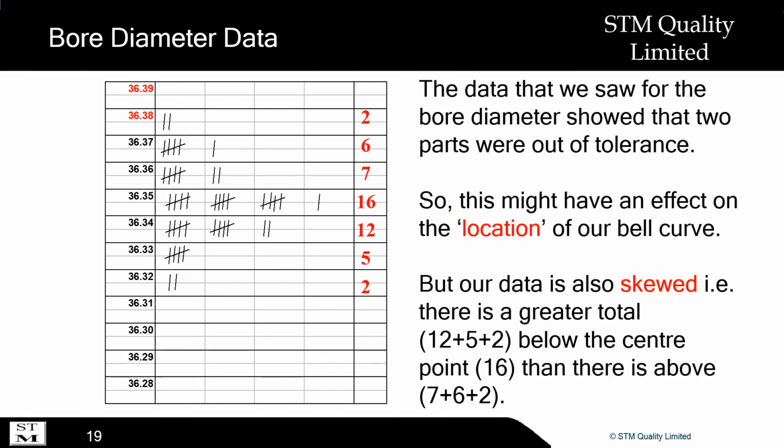The data that we saw for the bore diameter showed that 2 parts were out of tolerance, so this might have an effect on the location of our bell curve. But our data is also skewed, i.e. there is a greater total, 12 plus 5 plus 2, below the centre point, 16, than there is above, 7 plus 6 plus 2.